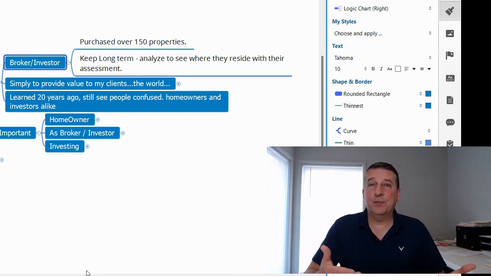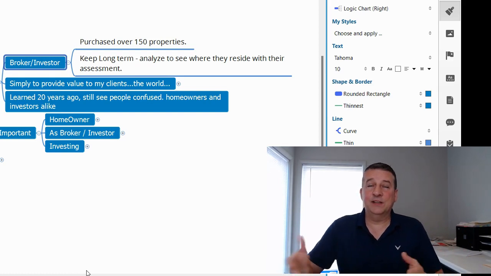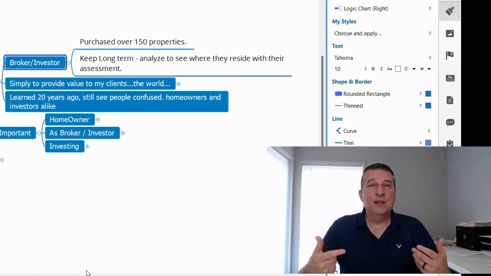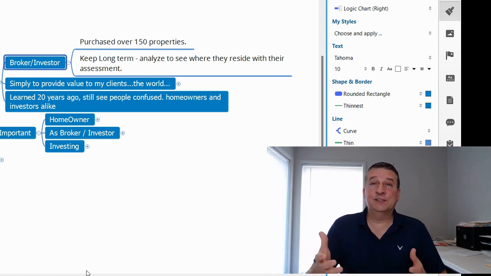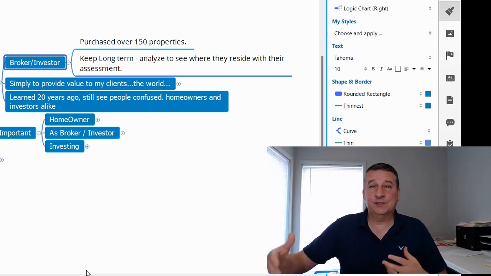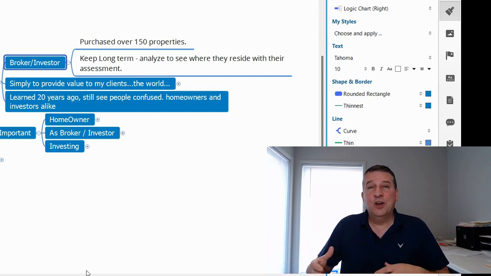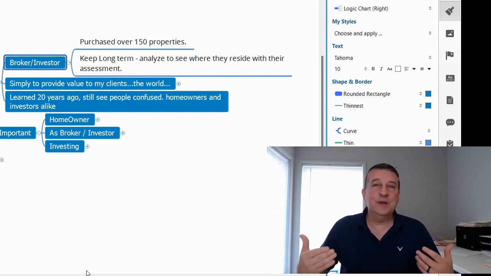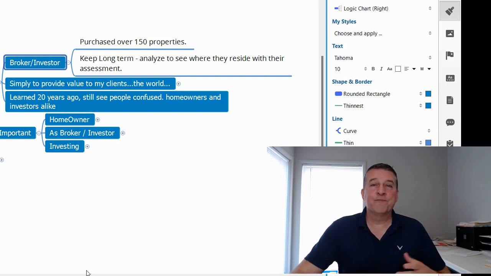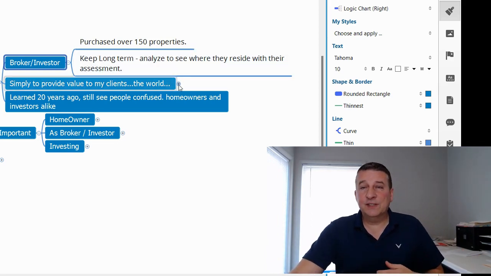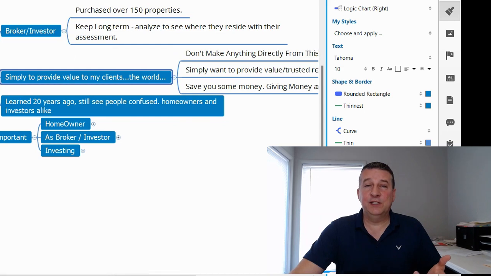But if it's a flip property, where you're buying it, fixing it up, and reselling it, it's going to be very difficult for you to experience the benefit out of this. But it will be beneficial in the sense that you're going to know whether the property taxes on the house that you're looking to buy are too high, or whether that is going to be a problem for you when you go to sell. So that's probably some of the biggest things you need to know underneath that.